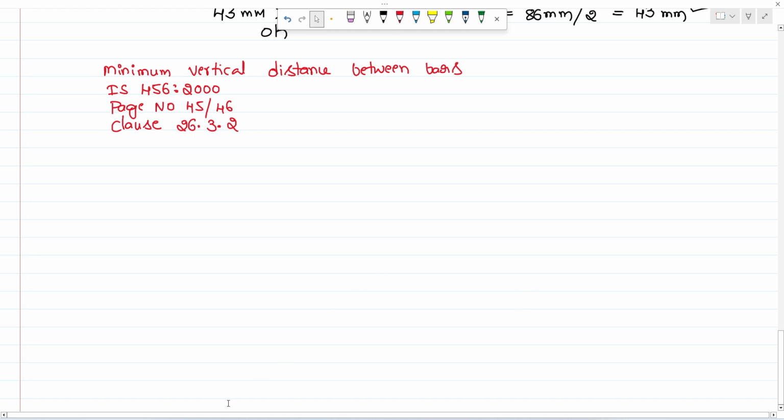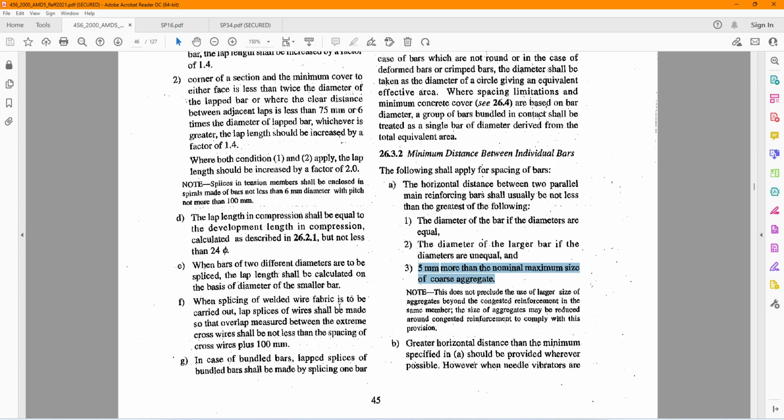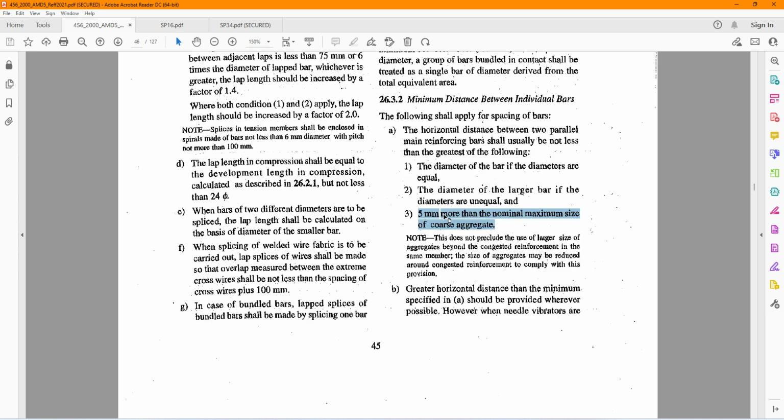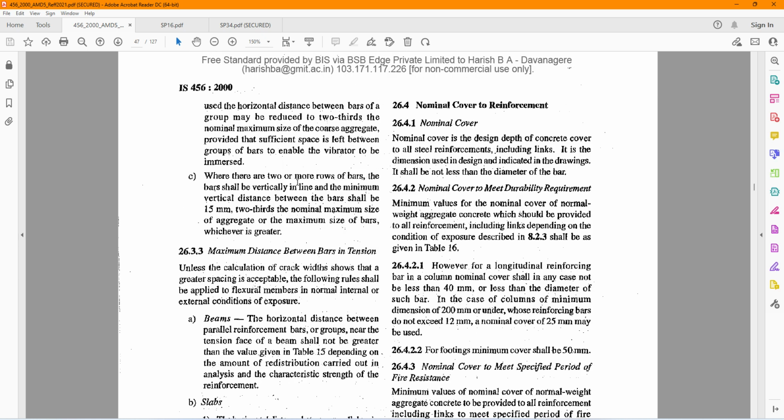So let me check the code. So this is the clause 26.3.2. In the same clause it has been continued on page number 46. See here, where there are two or more rows of bars, the bars shall be vertically in line and the minimum vertical distance between the bars shall be 15 mm.